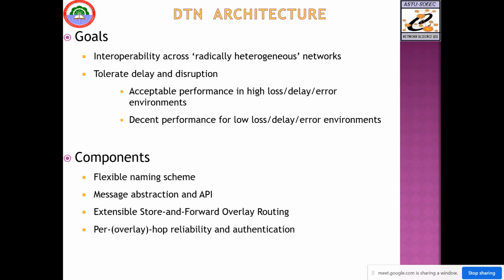So we should have interconnection among various kinds of networks. That is the main goal, and these are the components we already discussed here. We have a flexible naming scheme. We can name any device by allocating the corresponding IP or some domain name. And we have the message abstraction and API. It is possible to integrate with the applications.